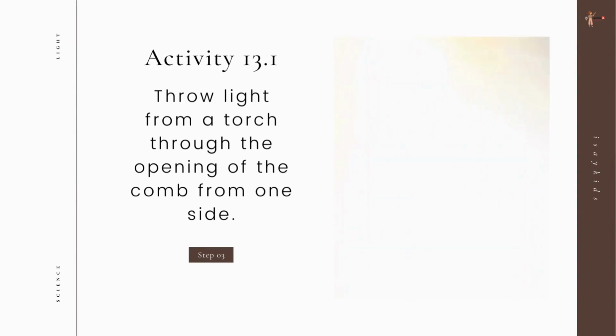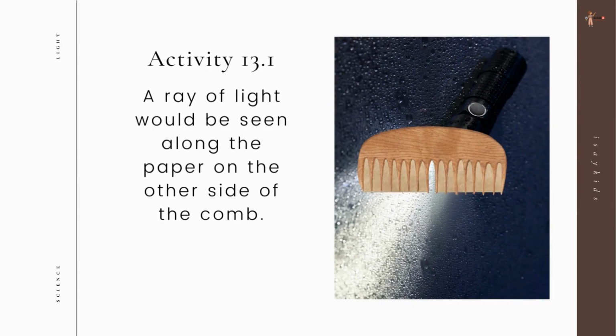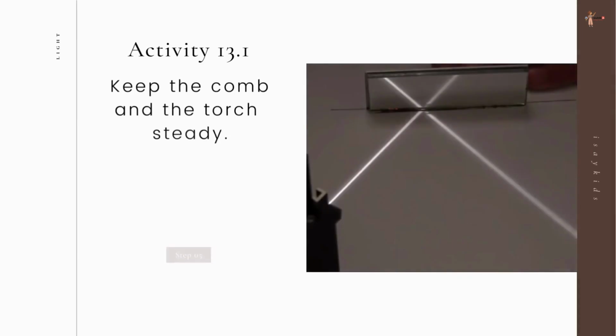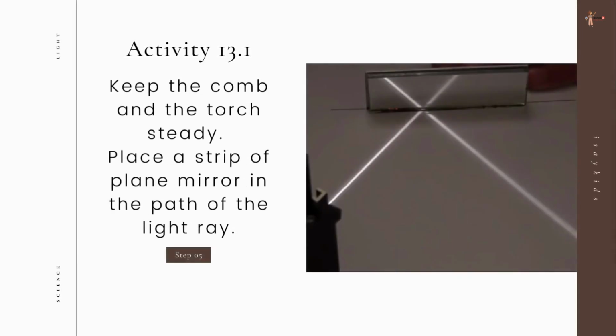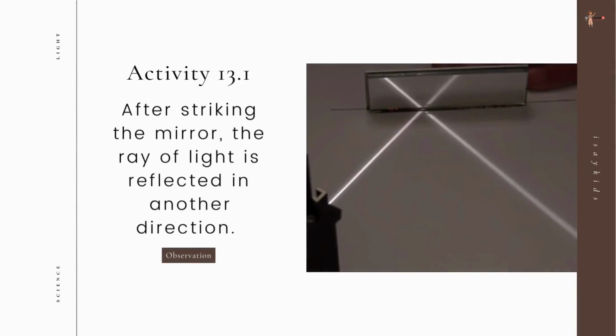With slight adjustment of the torch and the comb, you will see a ray of light along the paper on the other side of the comb. Keep the comb and the torch steady. Now place a strip of plain mirror in the path of the light ray. You would observe that after striking the mirror, the ray of light is reflected in another direction.